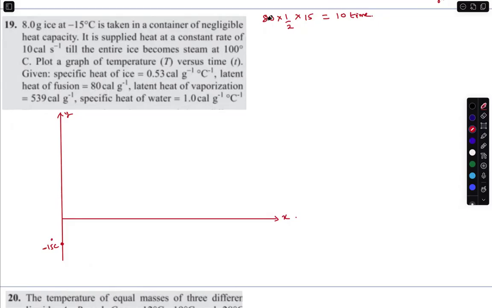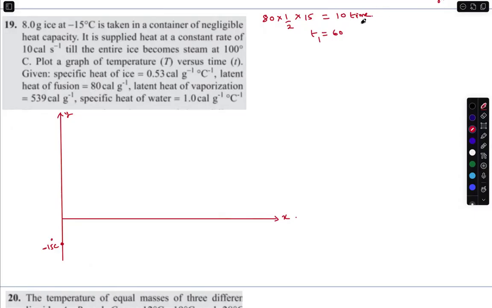Let this be T1. It takes 40 for 15, that is 60 seconds. I repeat, 60 seconds.